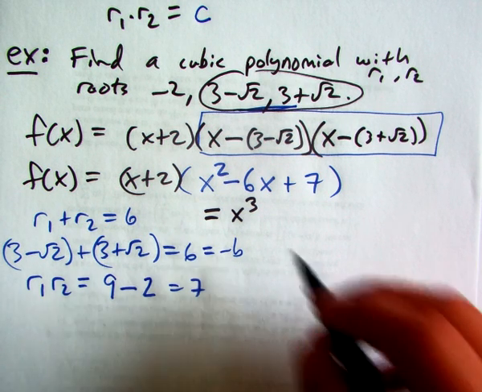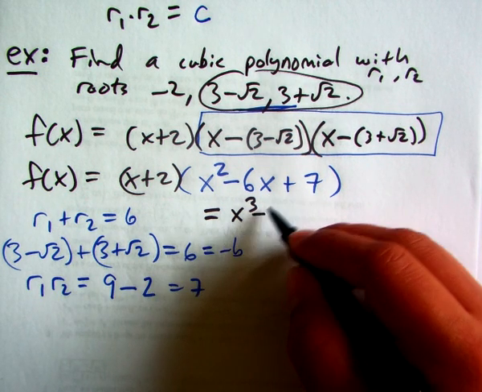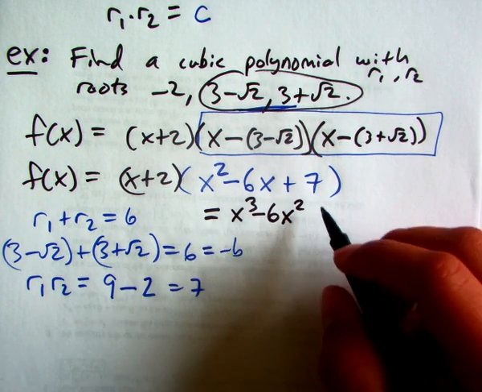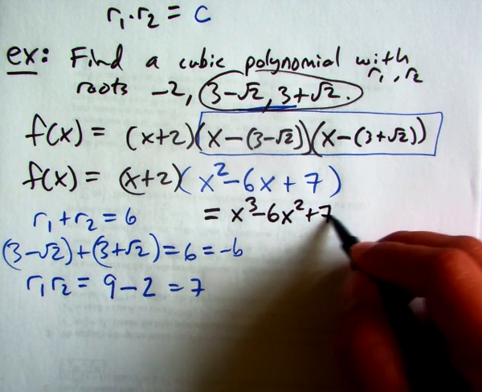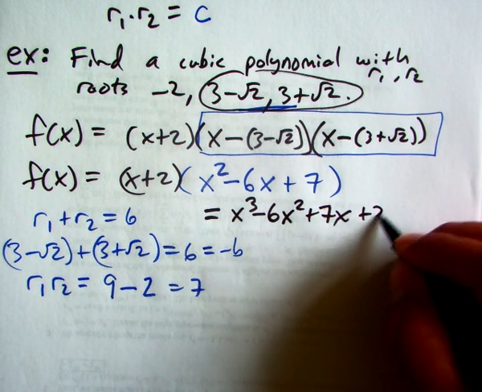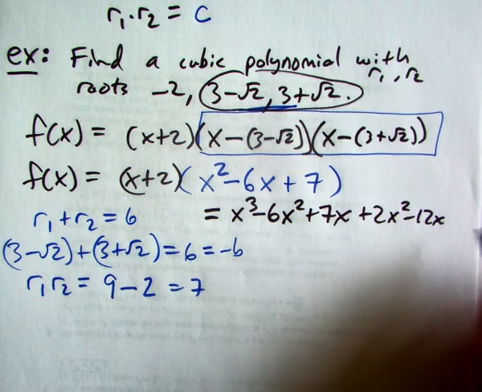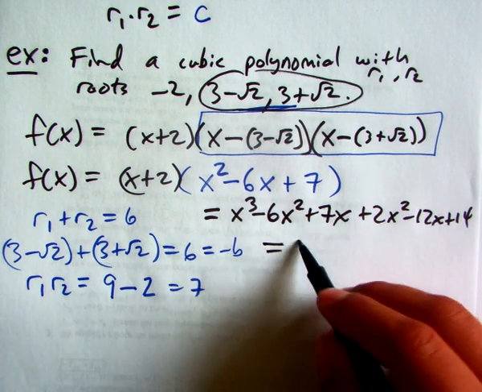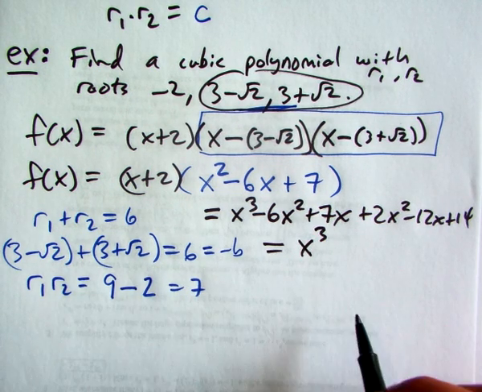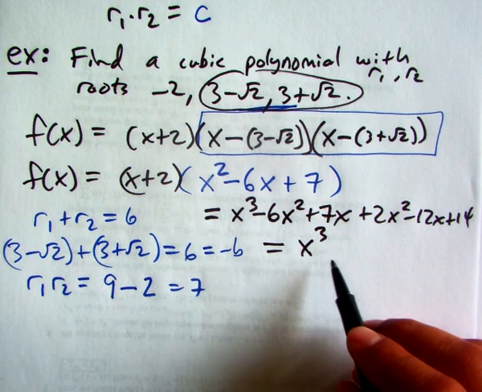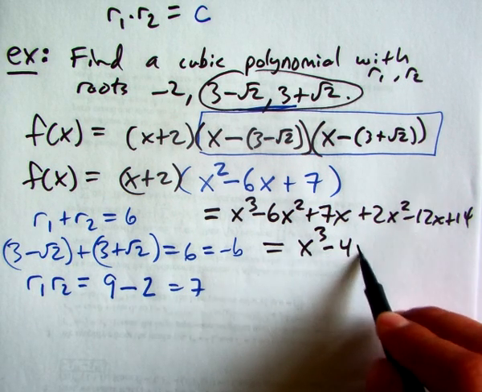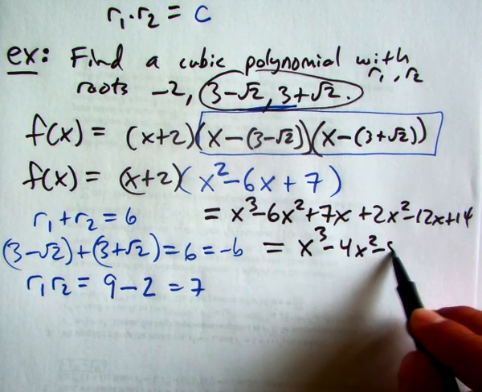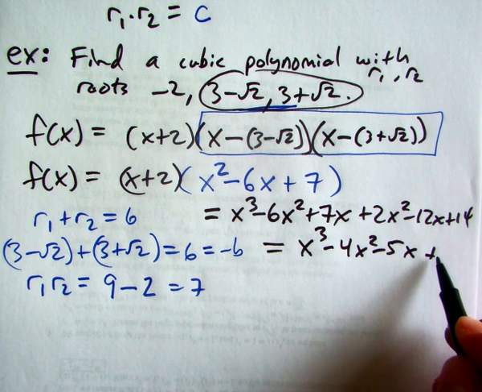So x cubed minus 6x squared plus 7x plus 2x squared minus 12x plus 14. Combine your like terms. You get x cubed minus 4x squared minus 5x plus 14.